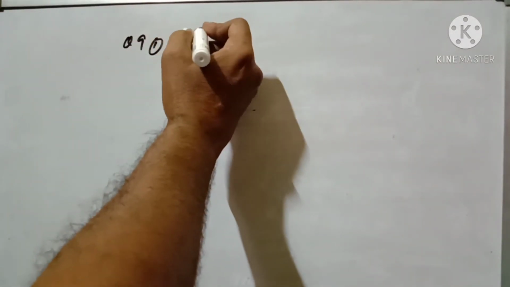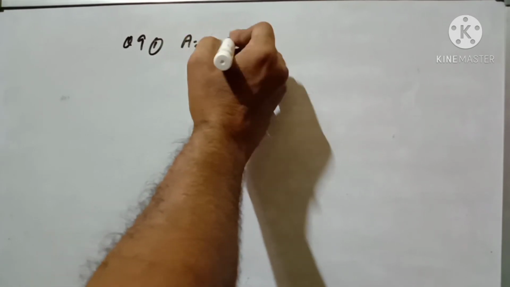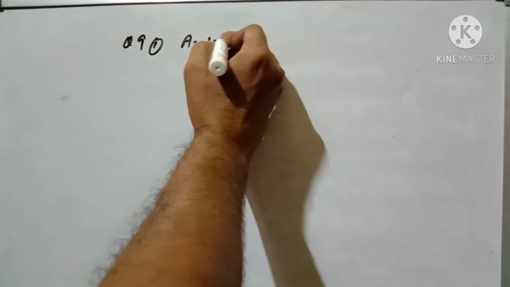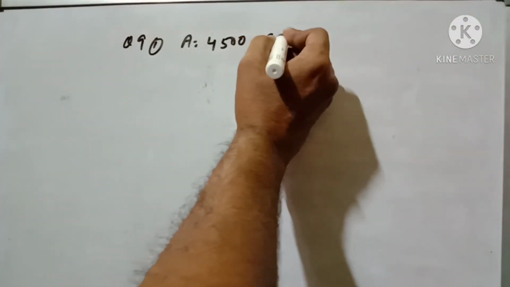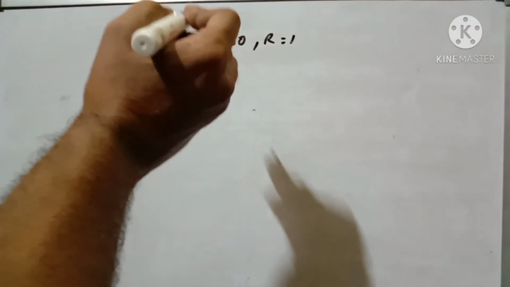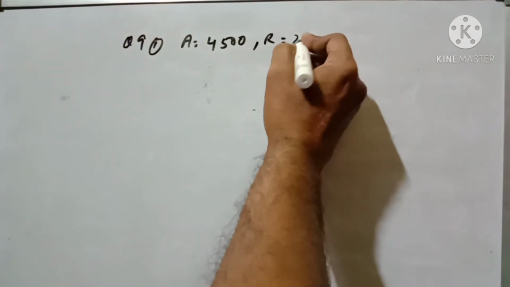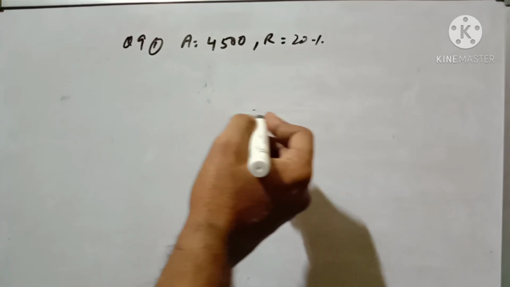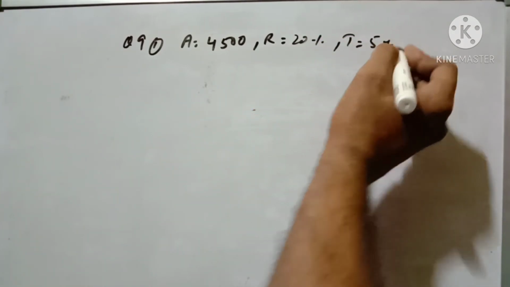Amount is given 4500. R is given 20%. And T, means time, is given 5 years.